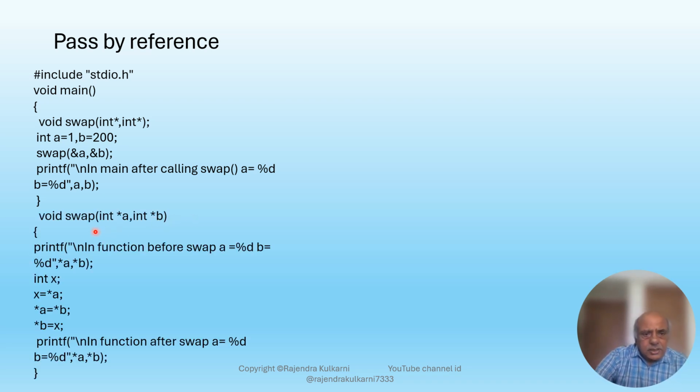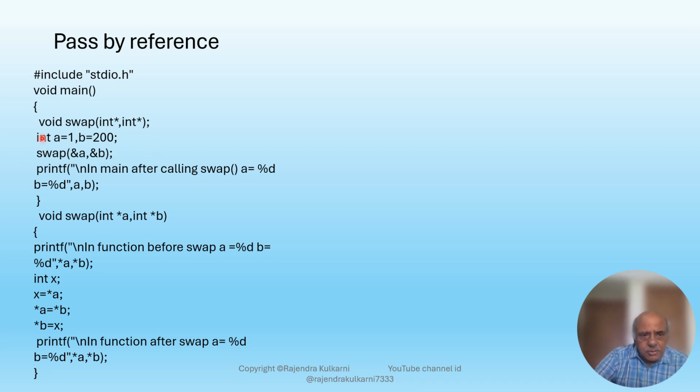We have declared a swap. We have now defined the swap function, void swap(int *a, int *b). So a and b are the pointers declared in this function which belong to the swap function. To these pointers, what we are assigning is the address of a and the address of b of the calling function.